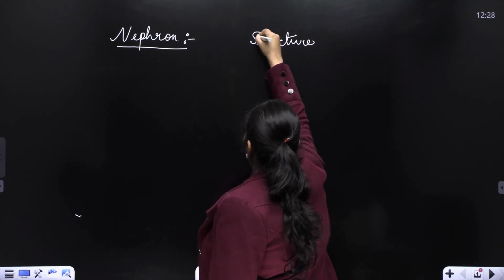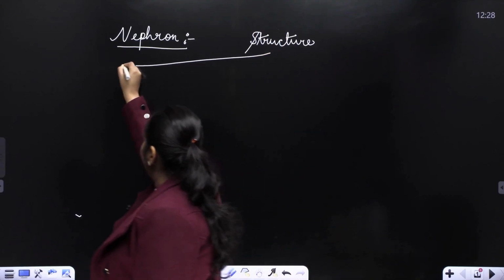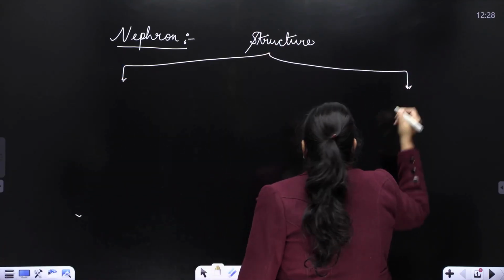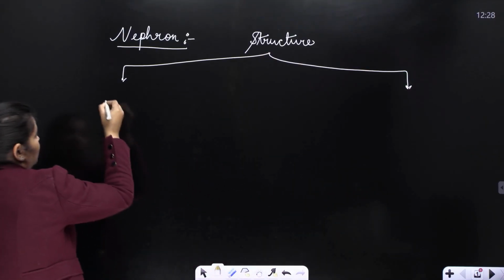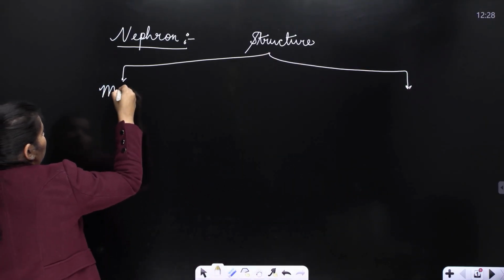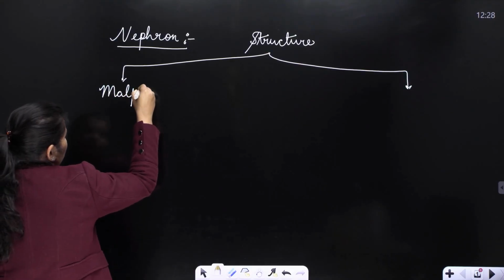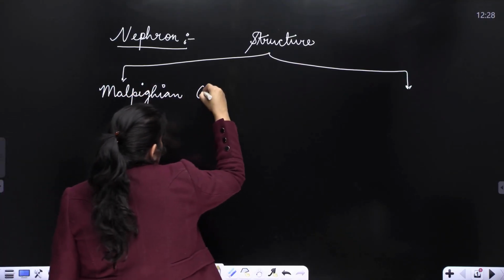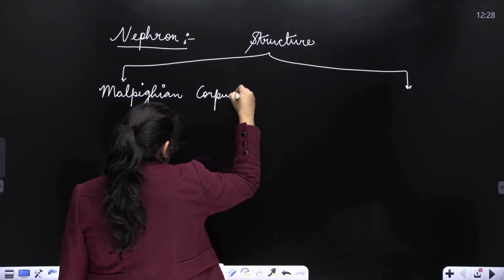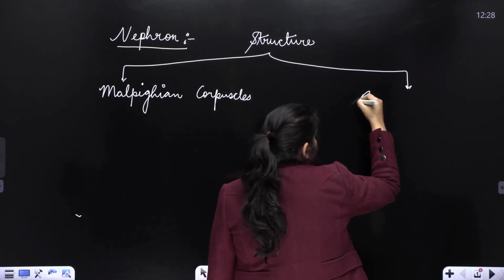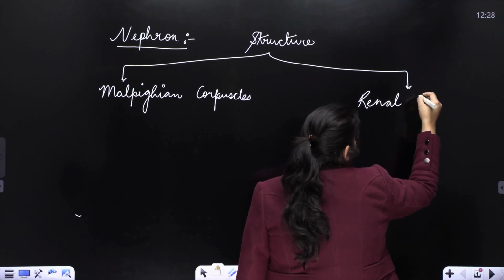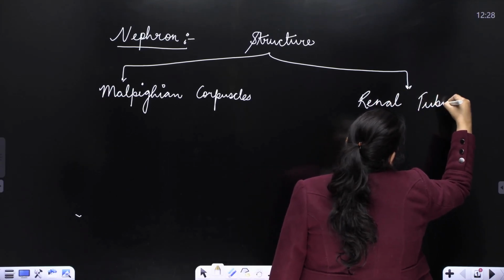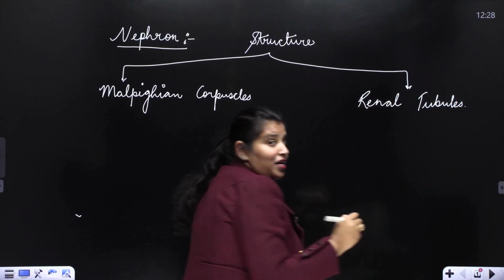Now when I say the structure, the nephron mainly comprises two parts: the Malpighian corpuscles and the renal tubules. If you remember, I have already told you why we are using the word renal.